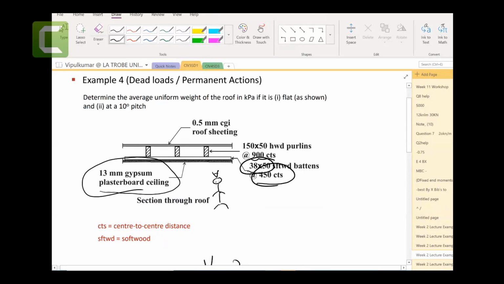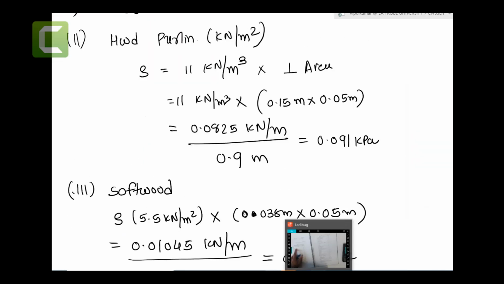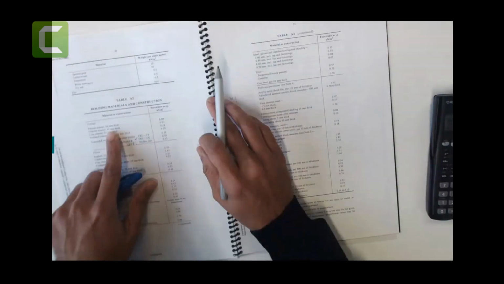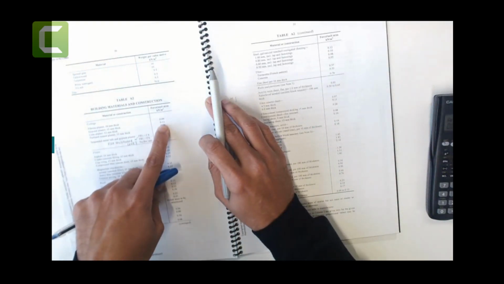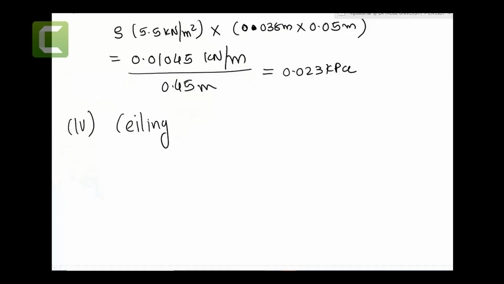Gypsum plasterboard ceiling, 13 millimeter. We can take it as 0.13 straight away, kilopascals. It's already given in kilopascals. So all good.